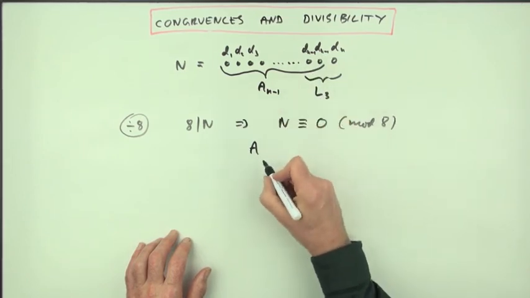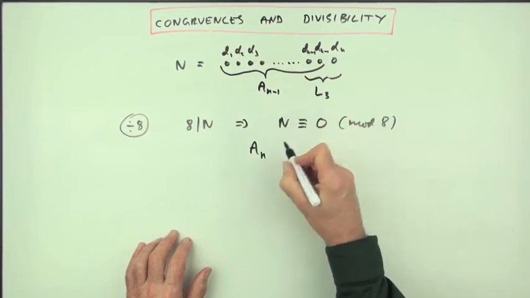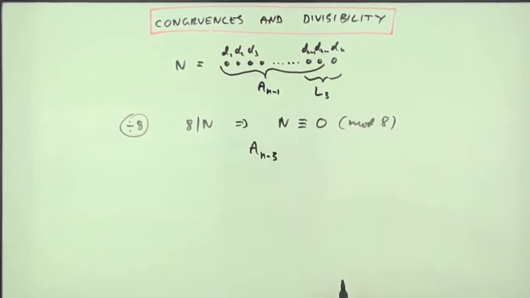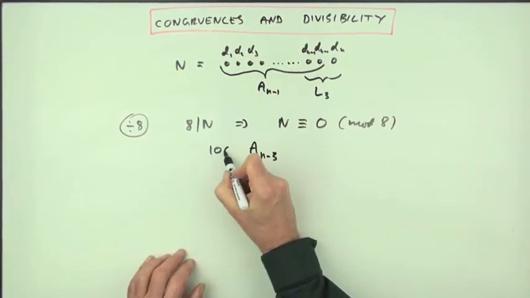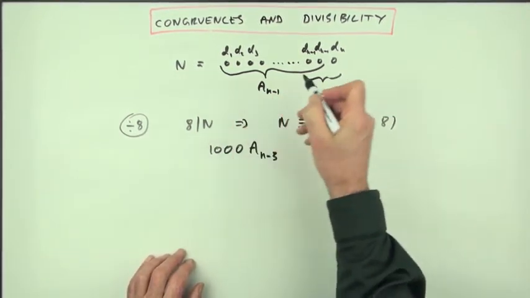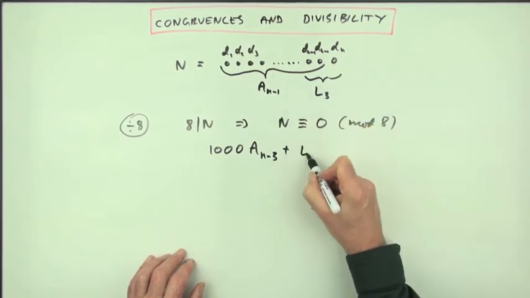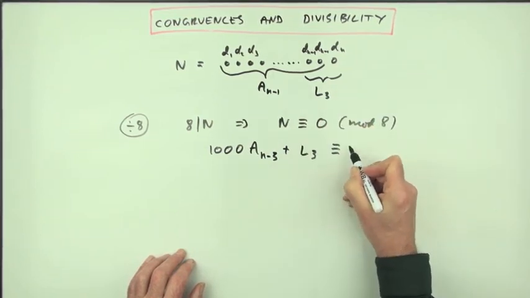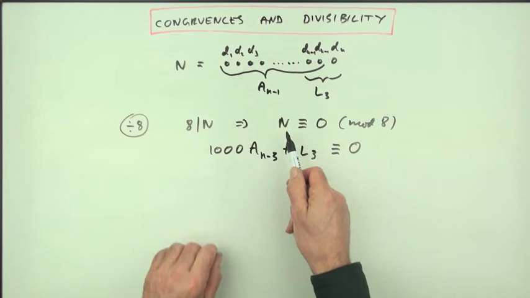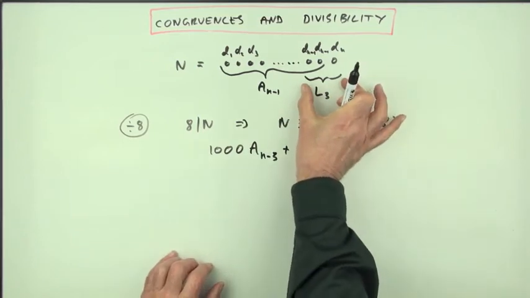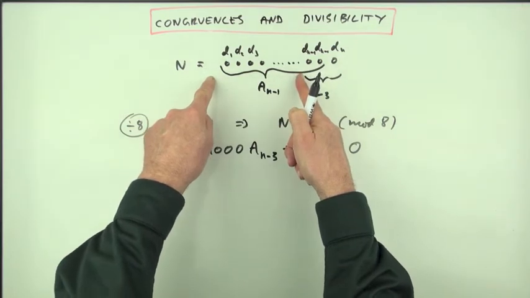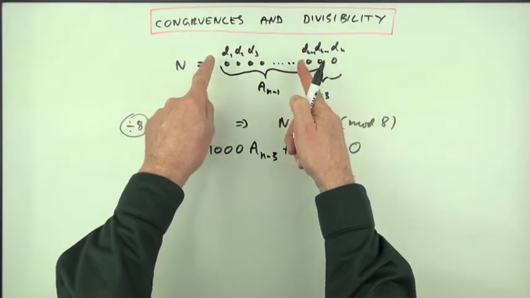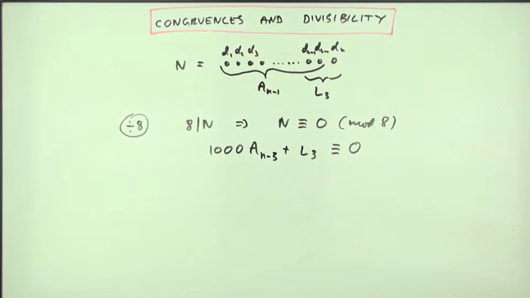So if I went to this group here, not a of n minus 1 or minus 2, if I went to a of n minus 3, so that leaves the last 3 here, I would need 1,000 of those to re-establish the number, and then add on that group at the end. So what that says is, this number's formed by this group at the end, plus the part in front, but of course the part in front would have to be multiplied by 1,000 to keep it in the correct column headings.